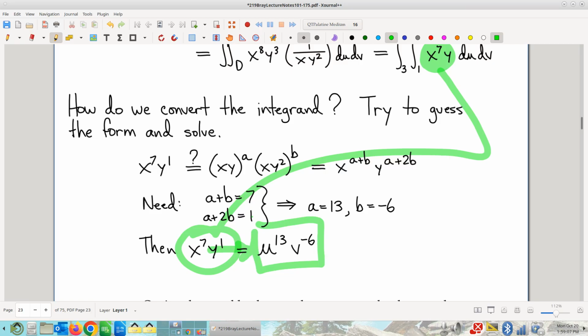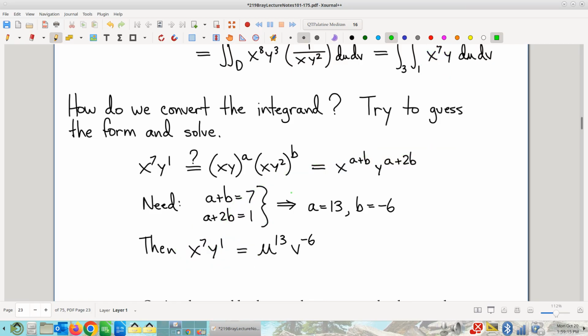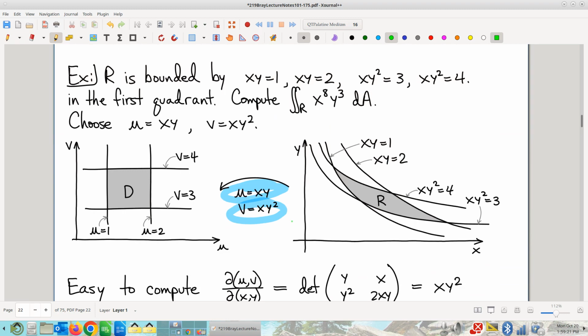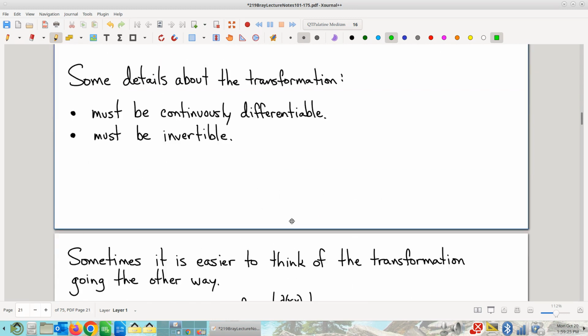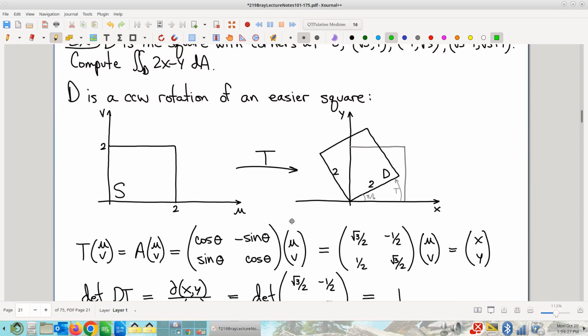What do you think? Everybody see how that works? All right. Okay, so we've got a couple of victories under our belt. This is a clever trick for how to set up a change of variables. This idea of a rotation, right?